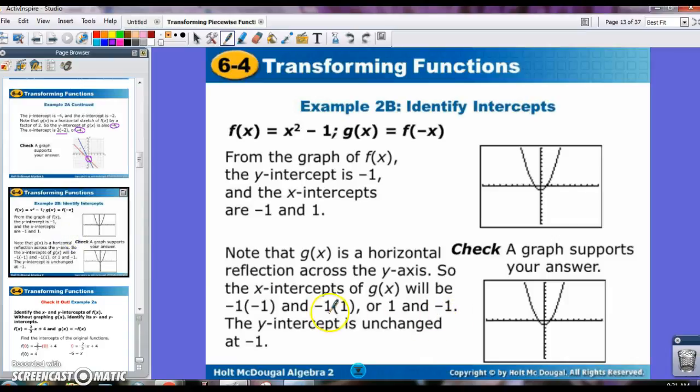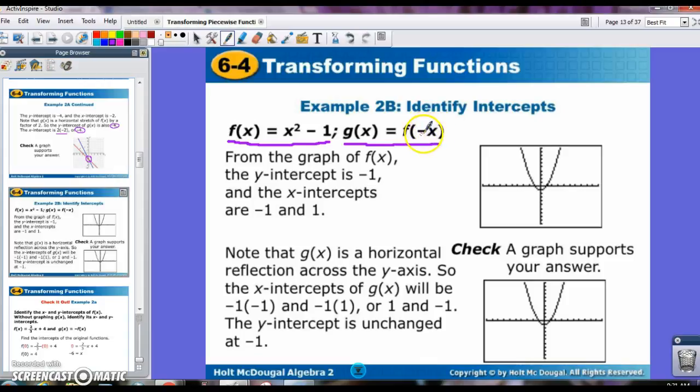Let's talk about another problem. We have f of x equals x squared minus 1. That's a parabola, graphed over here on the right, that goes through negative 1 on the y-axis, so your y-intercept is at negative 1. Here, g of x takes that function and negates the x.